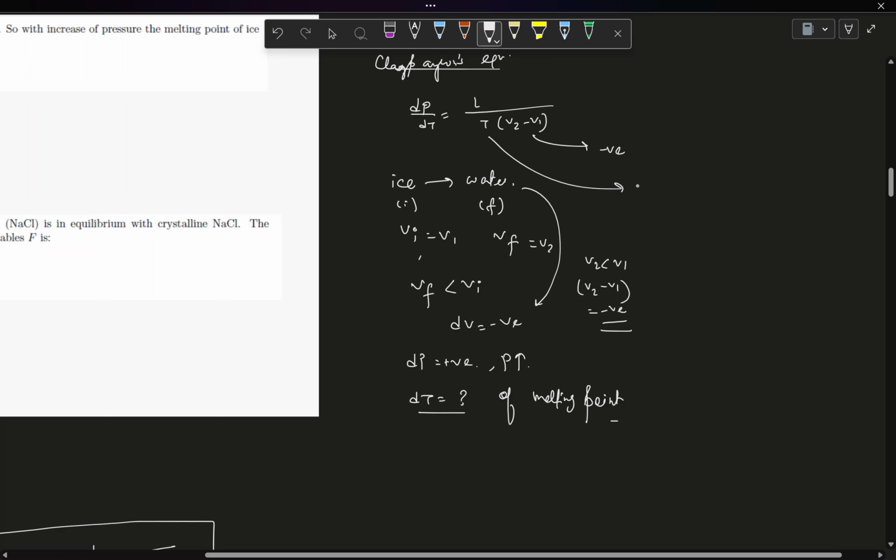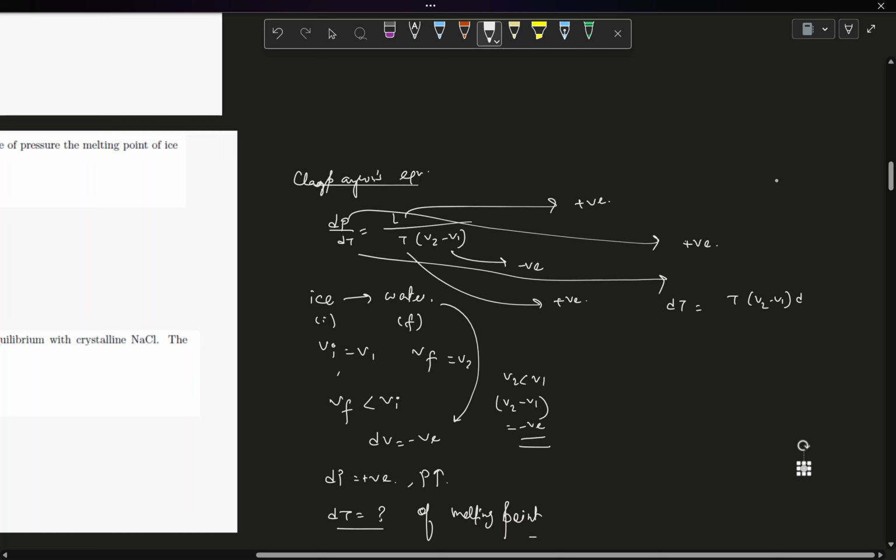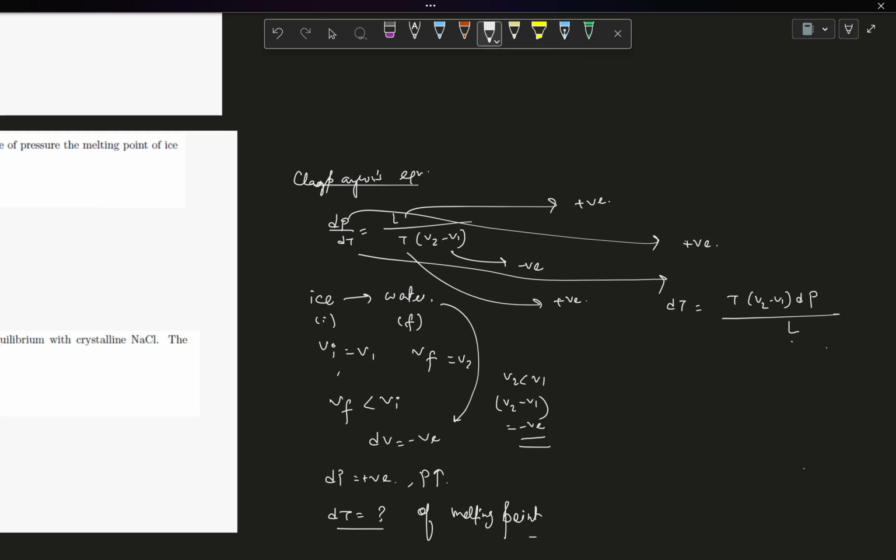Melting point temperature T cannot be negative, so this is positive because this is in Kelvin, right? So this is always positive. L is a latent heat, so this is also positive. In the question it is asking for increase in pressure, that means dP, the pressure change, will be positive. Then what is dT? So dT depends upon all the other terms: dT is equal to T times V2 minus V1 into dP by L, where L is positive, dP is positive, T is positive, only V2 minus V1 is negative.